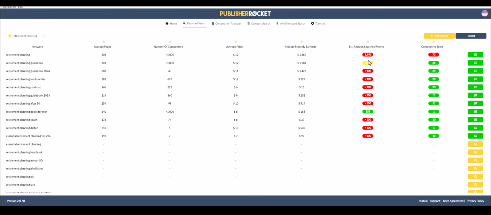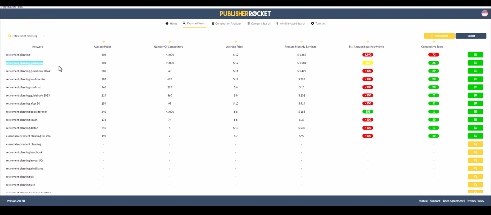But I really like this niche here. This is interesting, right? We have a retirement planning guidebook. Or here, that's an interesting one, retirement planning after 50. So I like this one here. That's a reasonable number of searches, and the competition is not so high.